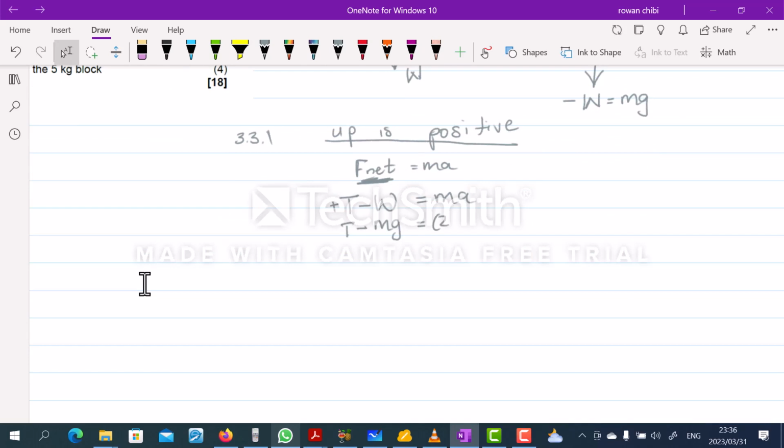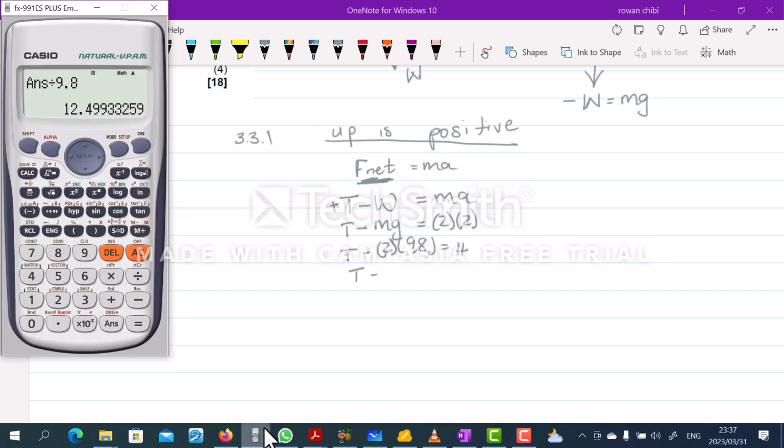So the mass is 2, the acceleration is 2. And then T minus, the mass is 2, g is 9,8. 2 times 2 is 4. Then 2 times 9,8 is 19,6.